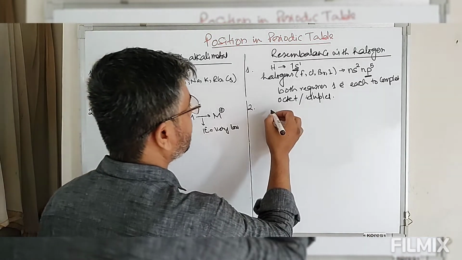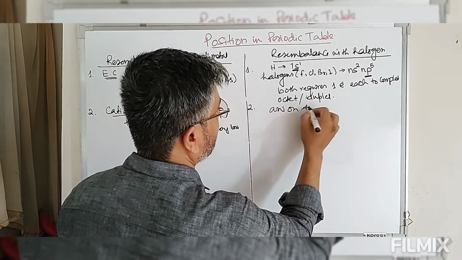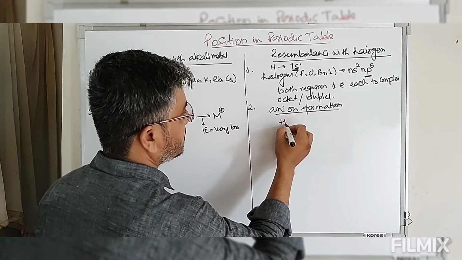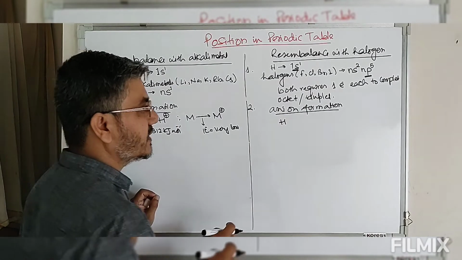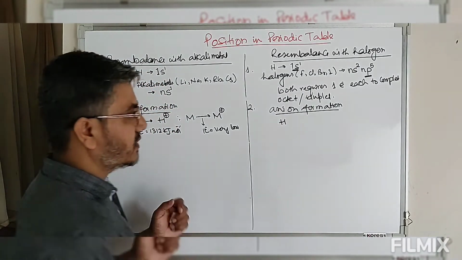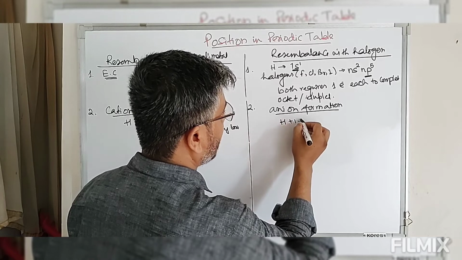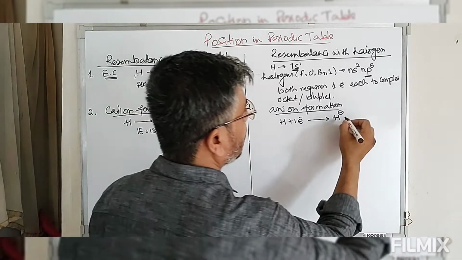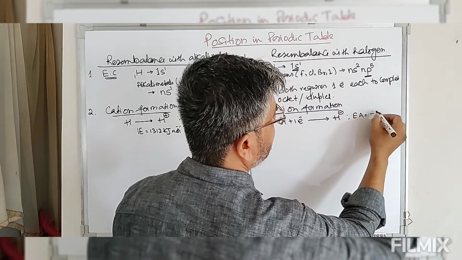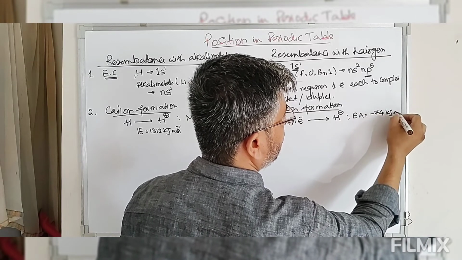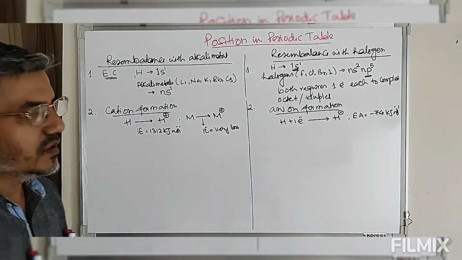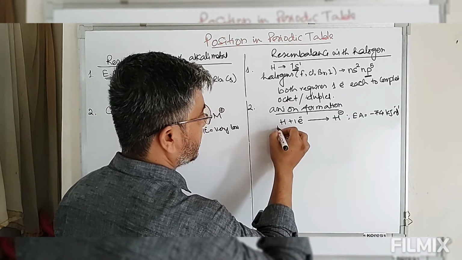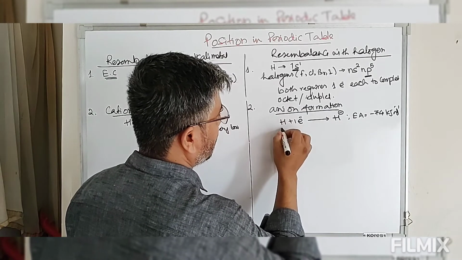So this has a tendency to form anions. Anion formation: now look at this, hydrogen has one electron requirement to complete its duplet, that is to gain the configuration of helium. So it gains one electron, that is electron gain enthalpy, when it gives you H minus. The electron gain enthalpy value for this is minus 74 kilojoule per mole. On the other side, we have the halogens. Hydrogen has one electron, that is 1s1.